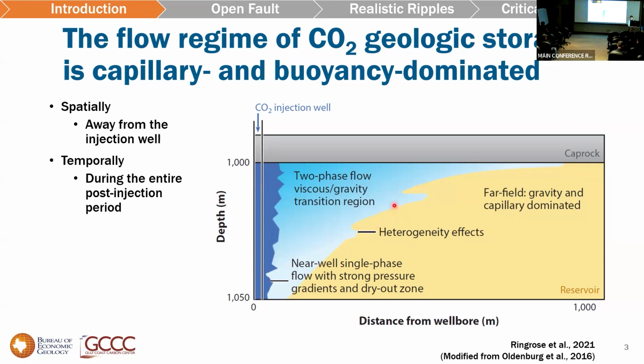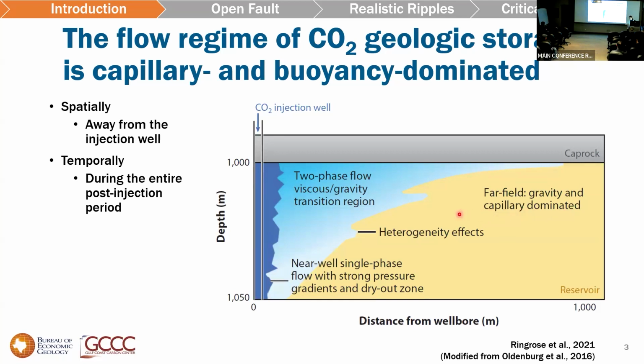So it's going to flow upward as it migrates farther away from the well. So now, instead of being blasted into the reservoir, it's now basically trickling in the reservoir. And at this point, the effect of heterogeneity starts to become quite important. And we call this flow regime capillary and buoyancy dominated.